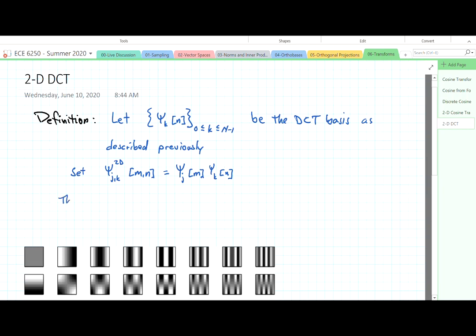So that will form the basis set for our 2D DCT, and we get 2D JK M comma N. J and K are both between 0 and n minus 1 inclusive.